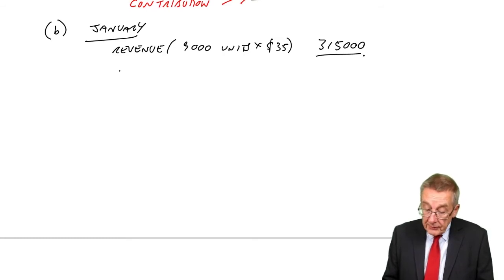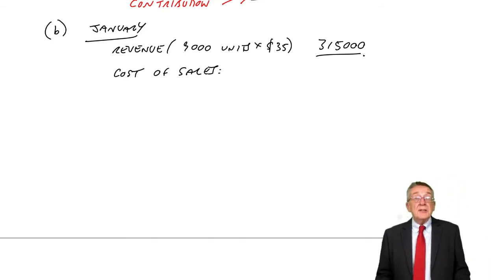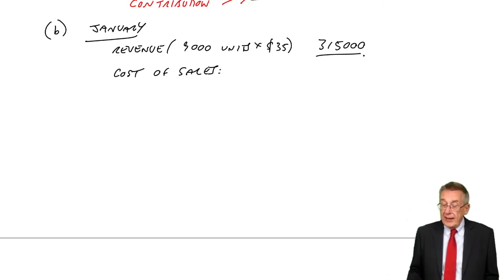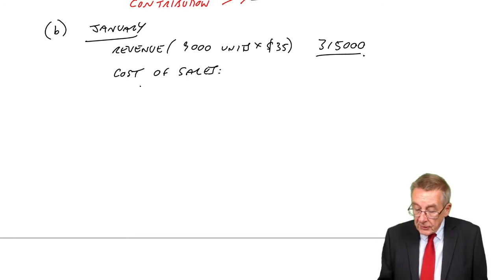We subtract the cost of goods sold. And to get the cost of the sales, we'll get the cost of the 11,000 we produce, less the cost of the 2,000 that are left in inventory. So first of all, the cost of production.